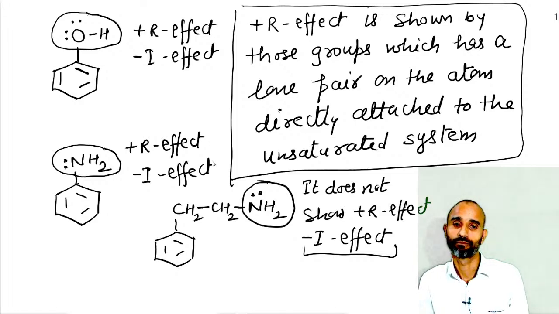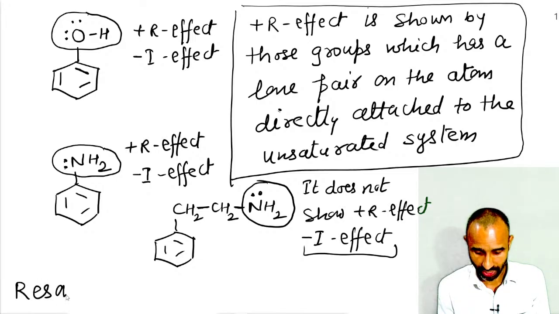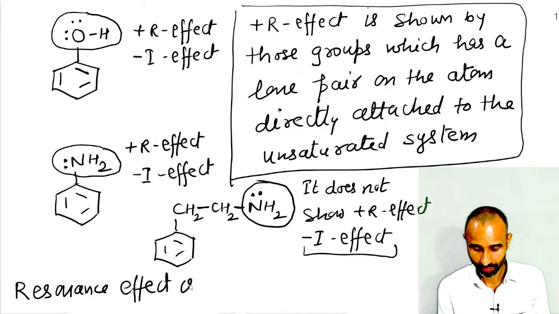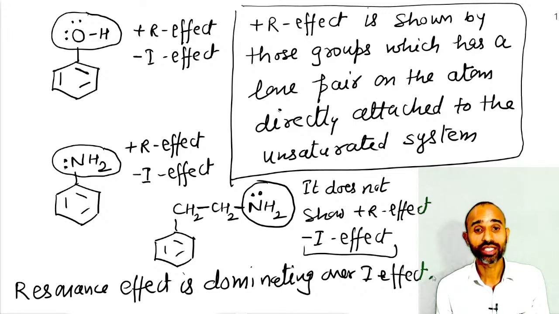We will consider minus I effect. No, plus R effect, sir. Yes, resonance is dominating over inductive effect. I told you that resonance effect is dominating over inductive effect, except in halogens.